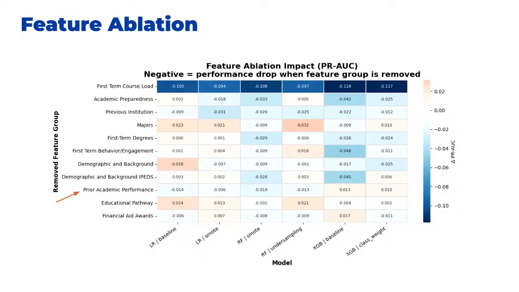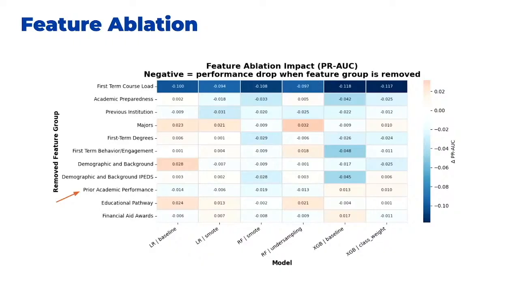And again, if you are not familiar with this process, it compares a model which was trained on a full set of features with another model when we remove these feature groups one by one, and then we compare these two models and see if one of those important metrics, for me it was precision, recall, area under the curve, drops. And if it drops, it suggests that that feature group was carrying a meaningful or a strong signal.